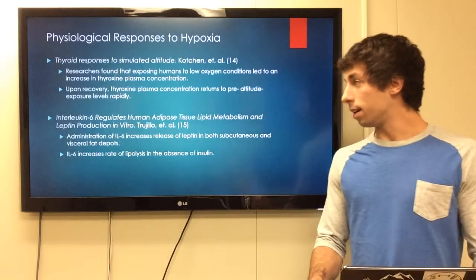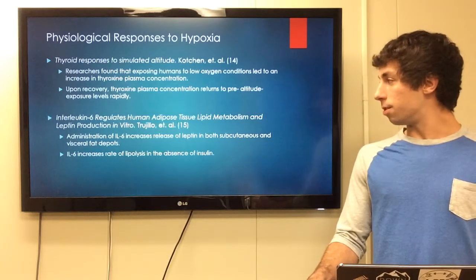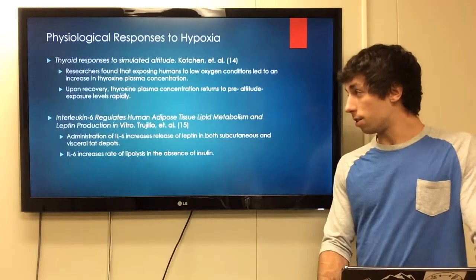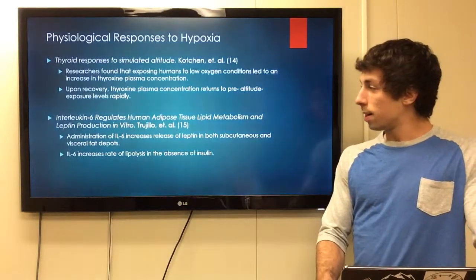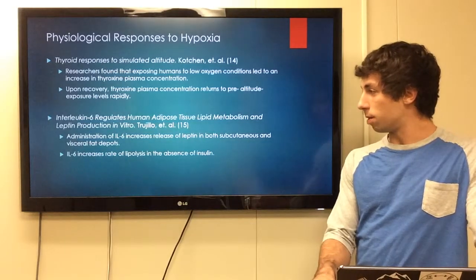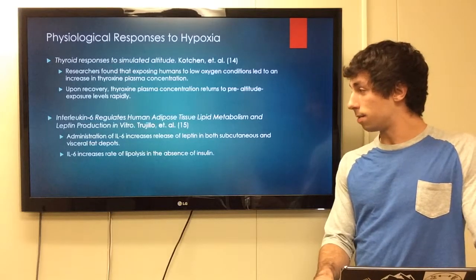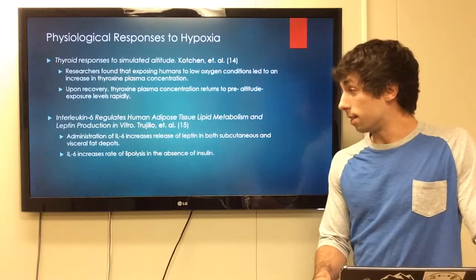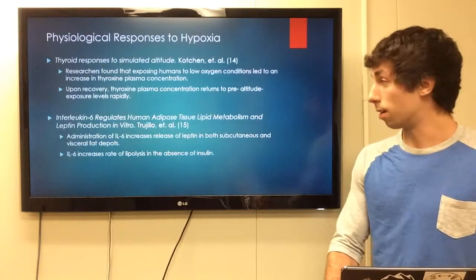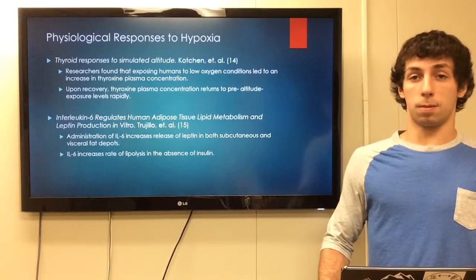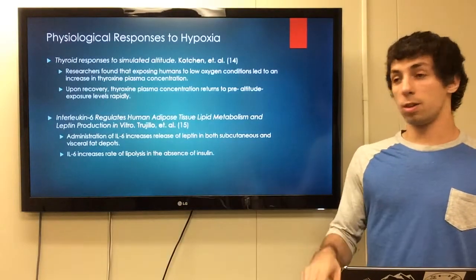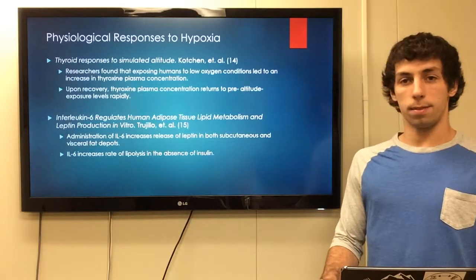And then the next one, interleukin-6, regulates human adipose tissue, lipid metabolism, and leptin production in vitro. So they showed, by Trujillo et al., that administration of interleukin-6 increases release of leptin in both subcutaneous and visceral fat depots. And this is good because interleukin-6 actually increases the rate of lipolysis in the absence of insulin. So assuming that they're not getting these insulin spikes from high glucose food, administration of this interleukin-6, which interestingly is released from your muscles with every muscle contraction.